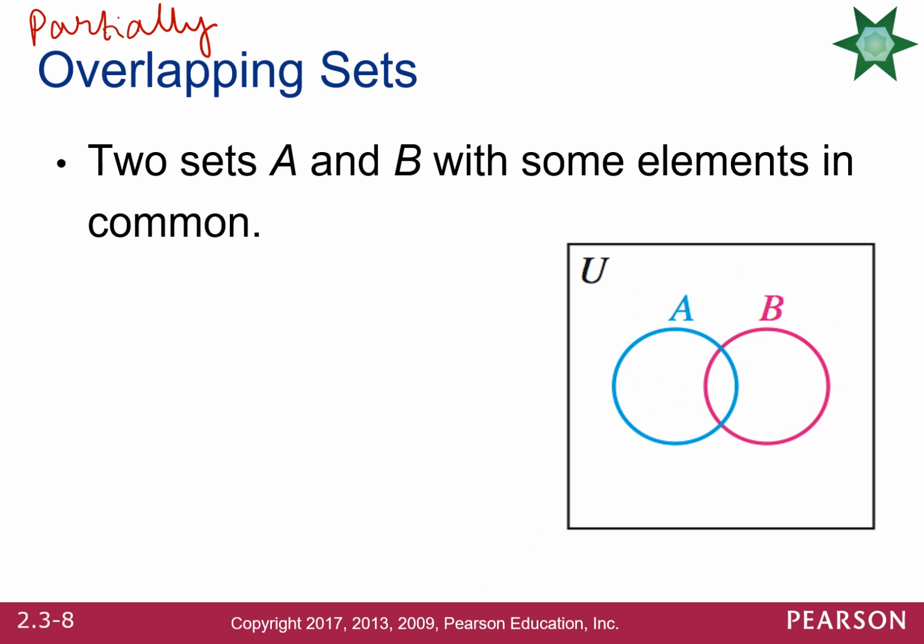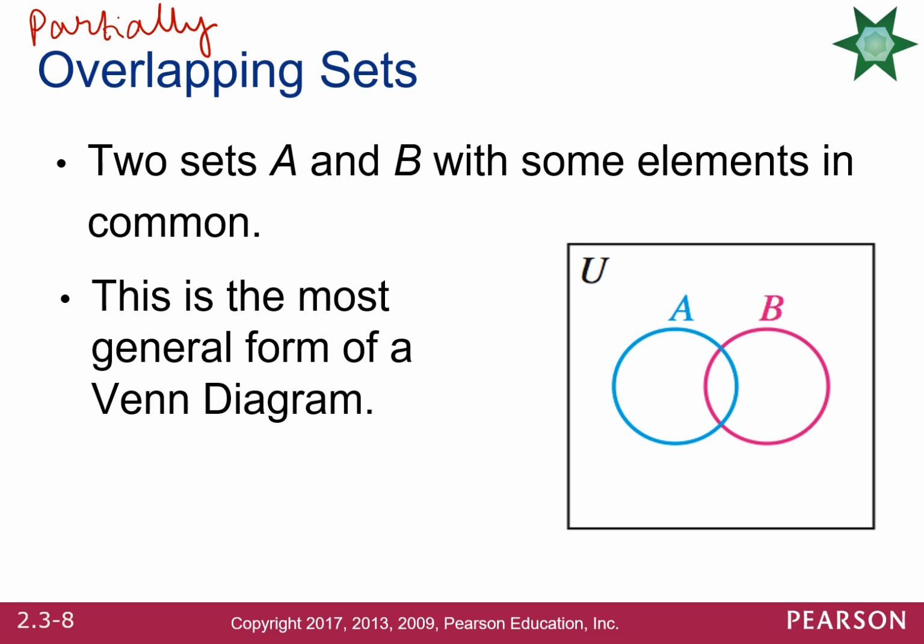All right, so let's pull up the rest of the information here. So this is the most general form of a Venn diagram. So when you see a picture of a Venn diagram, it'll most likely be shown like this, because there will be two sets where some elements are common and some elements are unique to the sets.